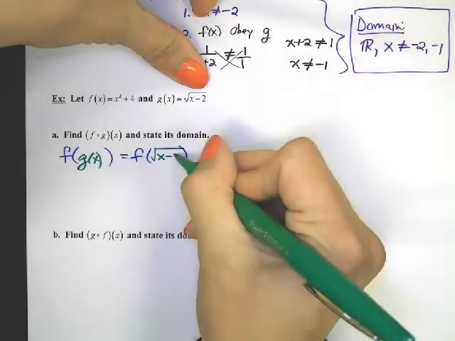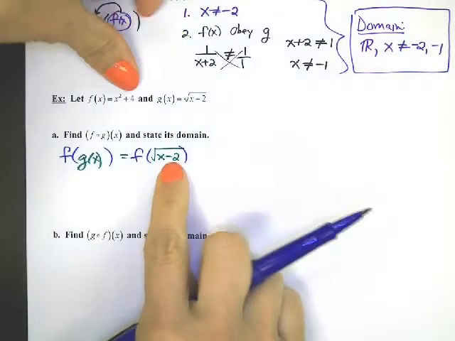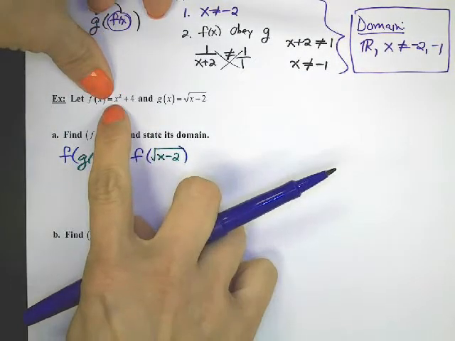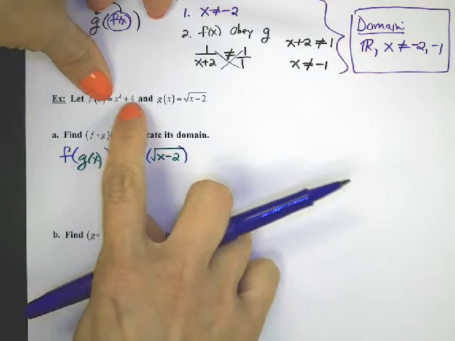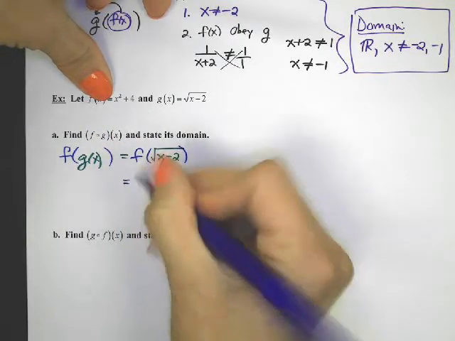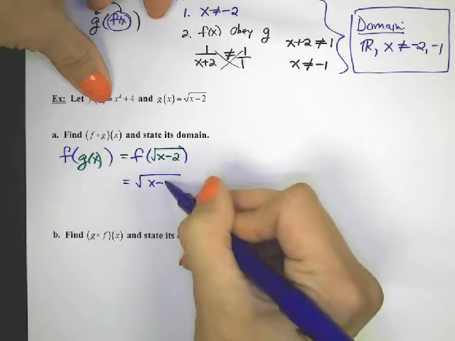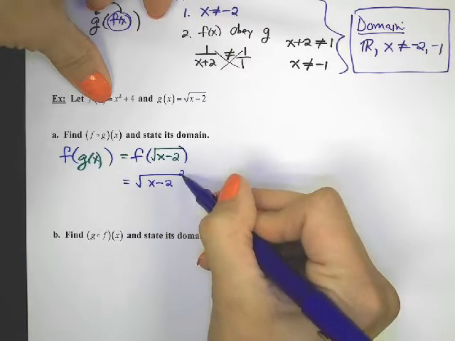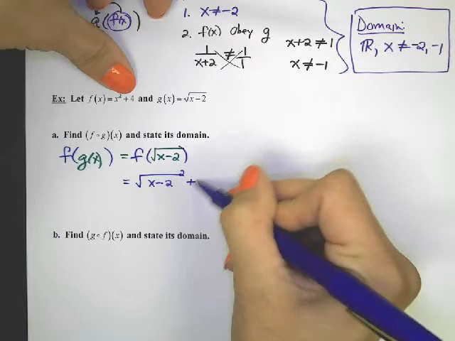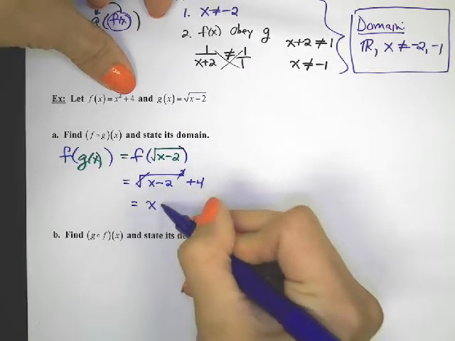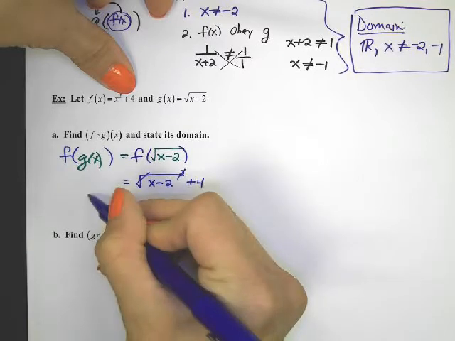Square root of x minus 2. That has to go into f. What does f say? Square your input and add a 4. Okay, square the input. My input has to get squared and then add a 4. A square root will cancel, and I get x plus 2.